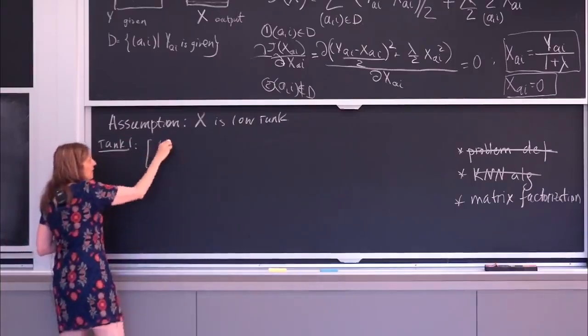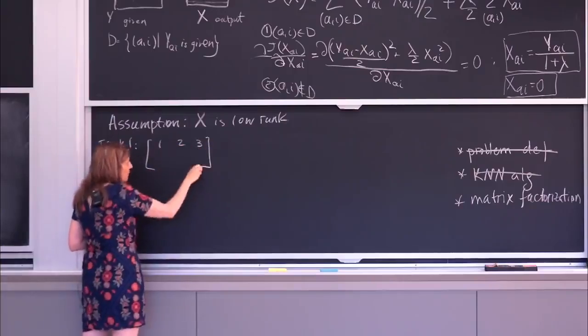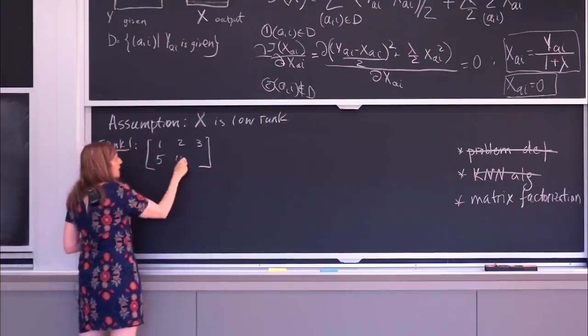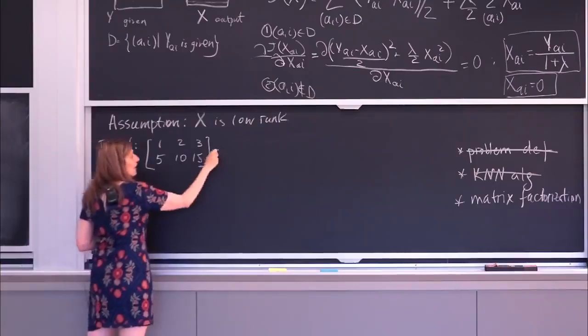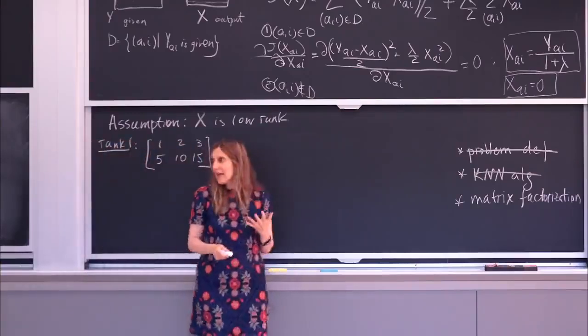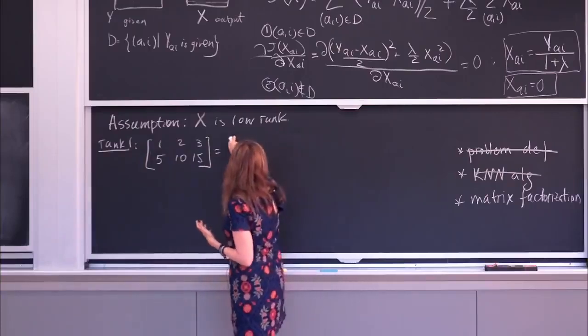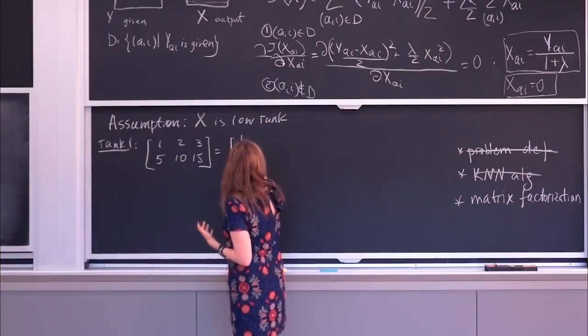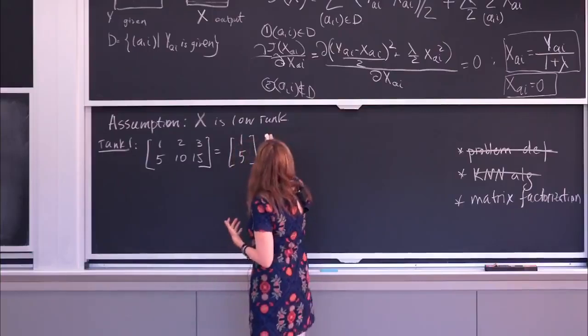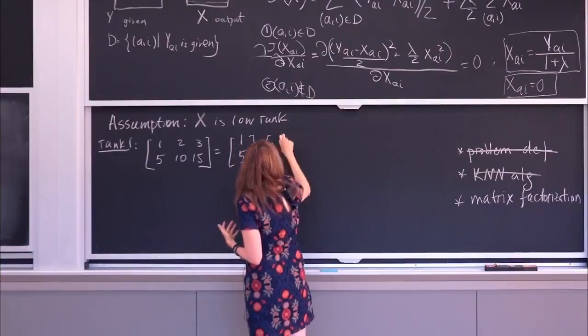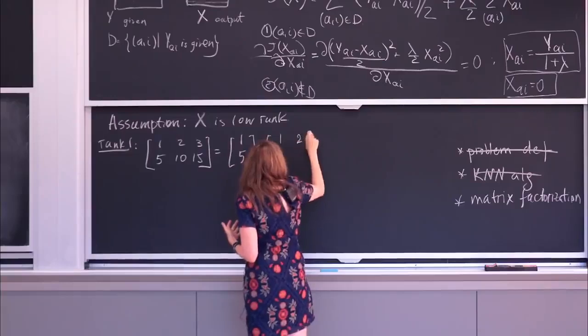Let's say here we have a matrix which does 1, 2, 3, 5, 10, 15, okay? So this matrix can be rewritten as a multiplication of two vectors, 1, 5, and 1, 2, 3.